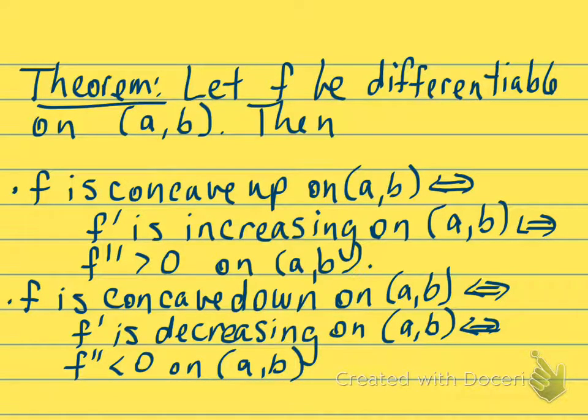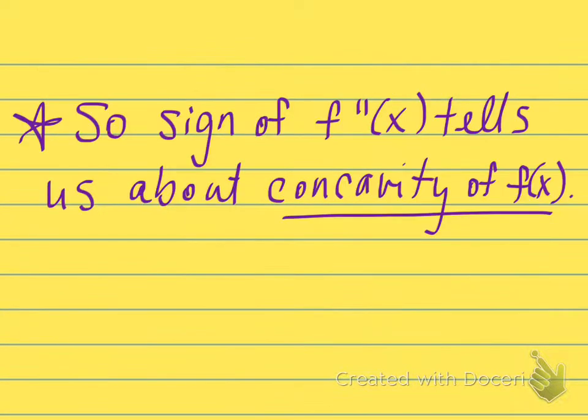So concave down, derivative decreasing, f double prime less than 0 are all equivalent statements. Thus, the sign of f double prime tells us about the concavity of our function f of x. In other words, it tells us whether f of x is concave up or concave down.